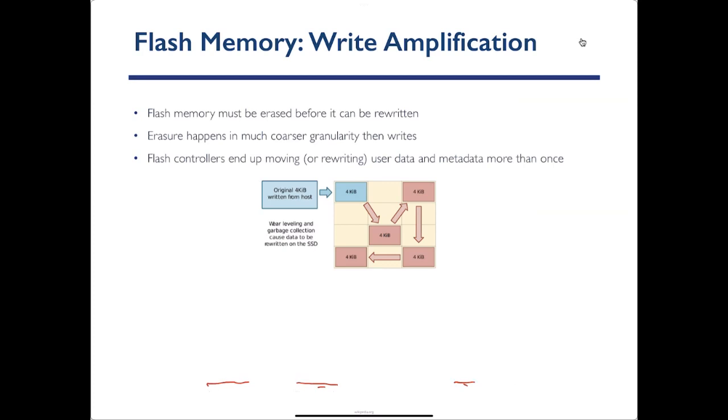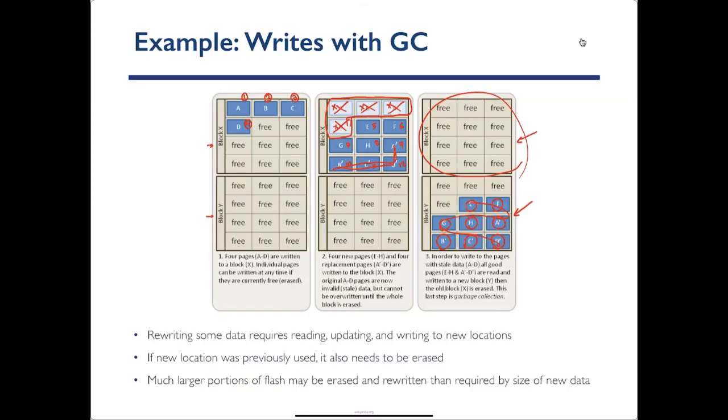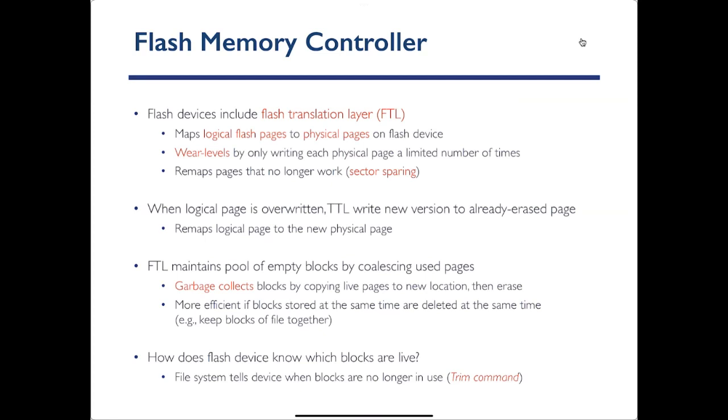Now, going back to the slide that I just glossed over, all of the things that I just described are done by the flash memory controller. The flash memory controller is the controller inside your SSD. It provides this flash translation layer.